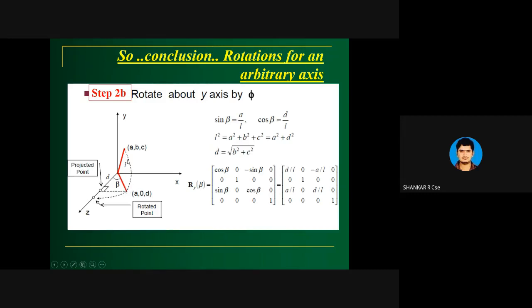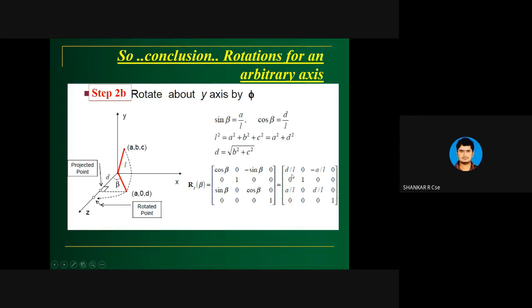You need to rotate it such that it aligns onto the z axis. So we saw all this, and he has taken d by l. L in the sense is root of a square plus b square plus c square, which we evaluated as 1 for a unit vector. For a non-unit vector, you can consider it as d by l. D by that square root of a square plus b square plus c square, that he has taken as L.